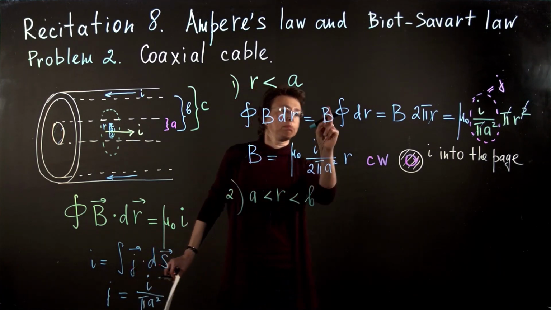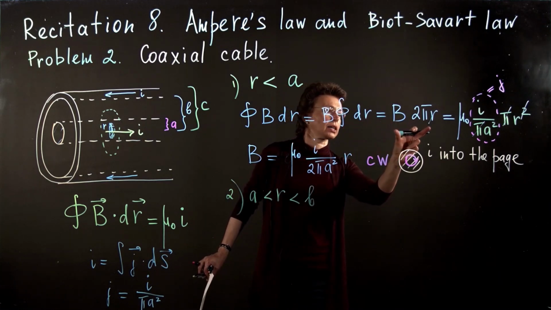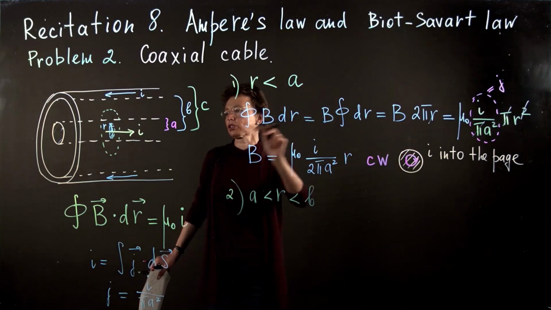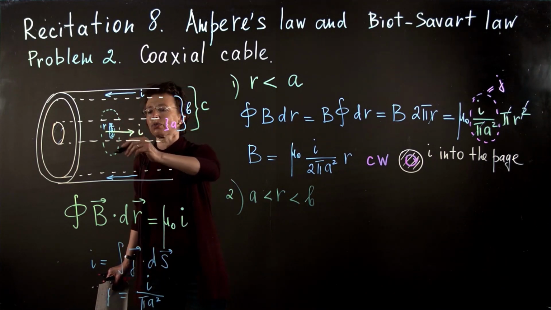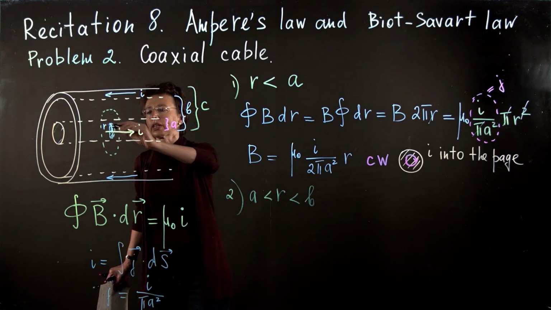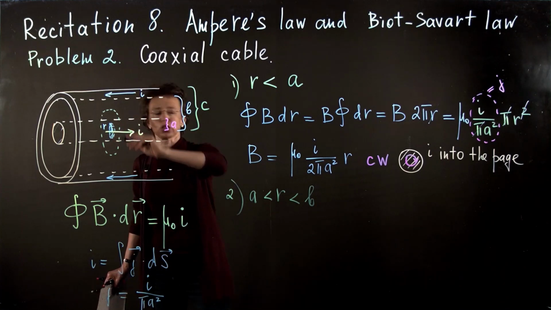is B integral dr. Left hand side of Ampere's law will be the same, with the same logic that lines of the magnetic field are tangential at any point, tangential to this loop.